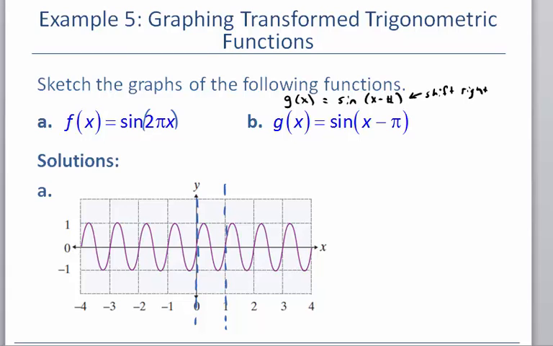So this graph that they're giving me, this equation, sine of x minus pi, this minus pi should cause the graph to shift to the right pi units.